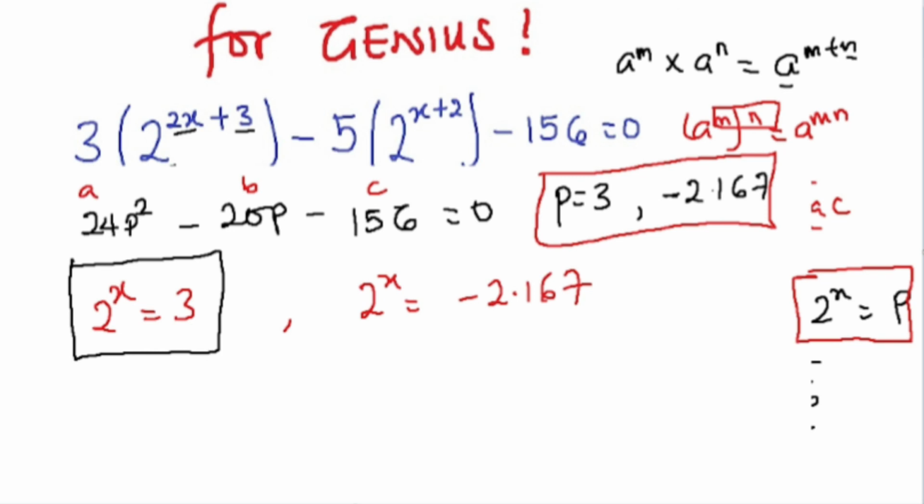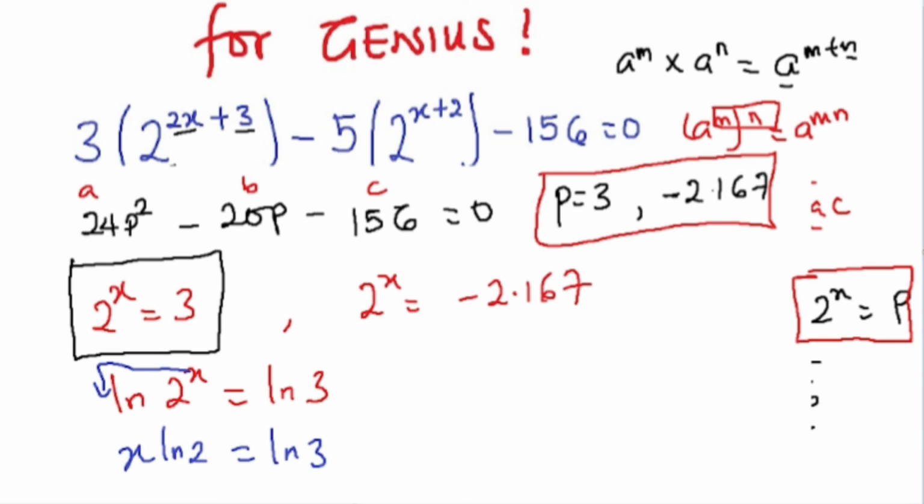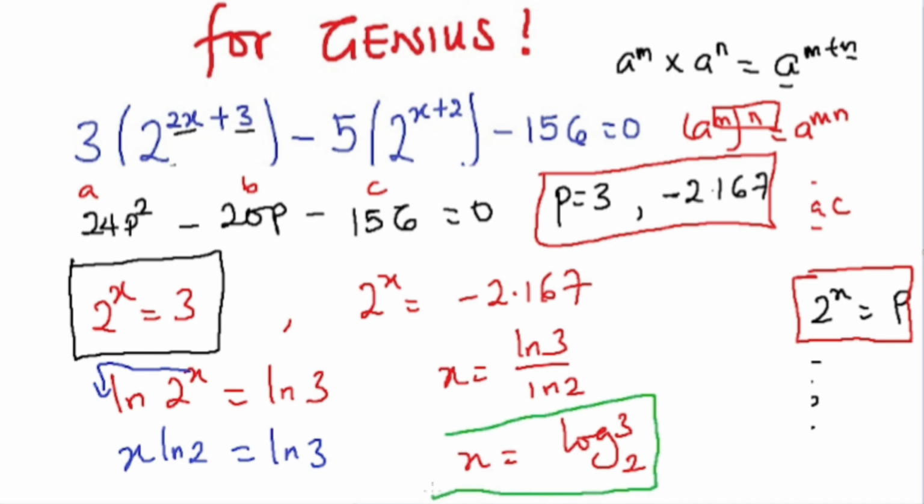So you can divide both sides by ln 2. Then your x will be equal to ln 3 over ln 2. And this can be written as the logarithm of 3 to the base of 2. So this is what you want to get, and this would be your final answer for the value of x.